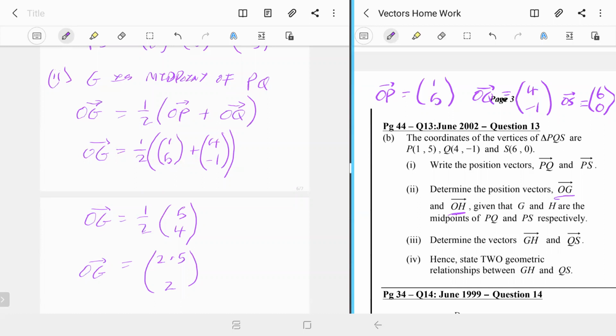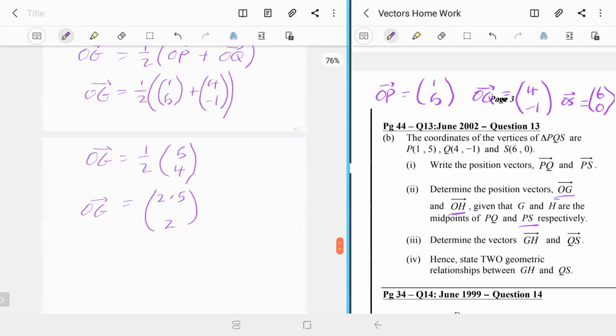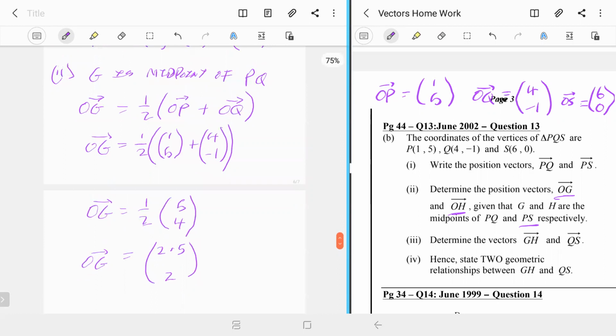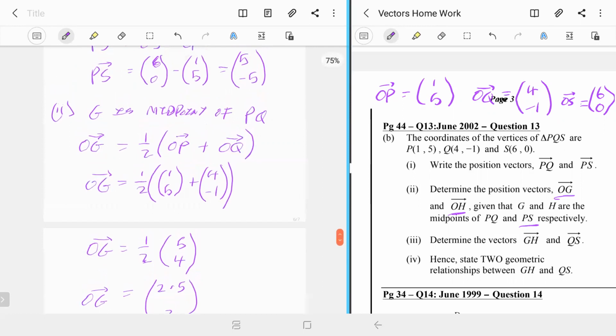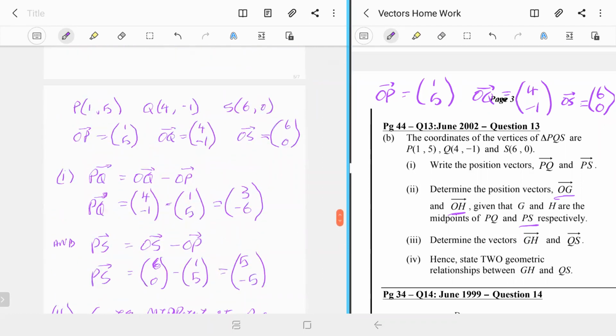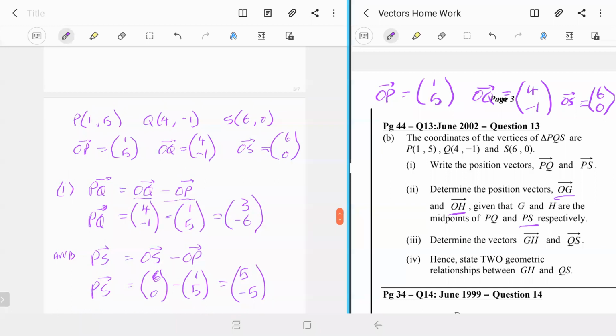Now we want OH. OH is the midpoint of PS. Sir, when you find PQ in the question before... PQ is different, you know. PQ is OQ minus OP.